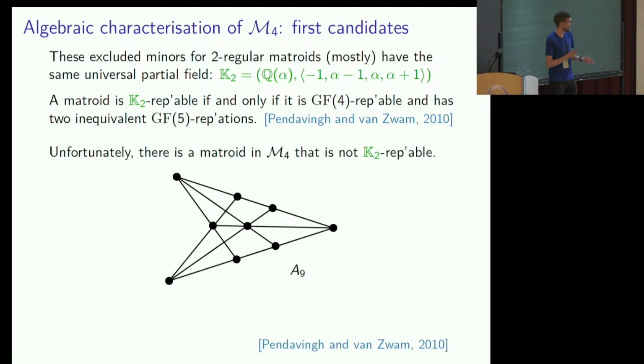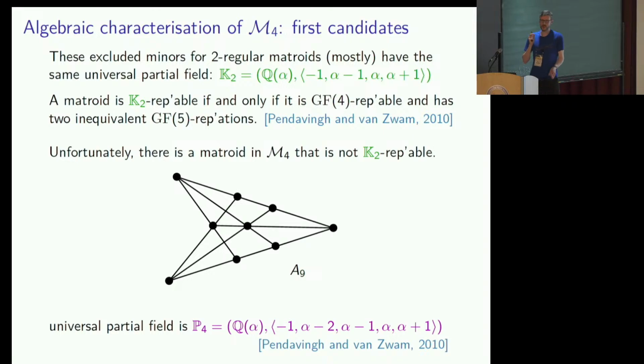But back on task, Rudy and Stefan also found that there was this matroid that is not K2 representable and is in M4. This 9-element matroid, I'm calling it A9 here just because it looks a bit like an arrow and has 9 elements. And so we can play the same game and look at what is the universal partial field of this matroid.